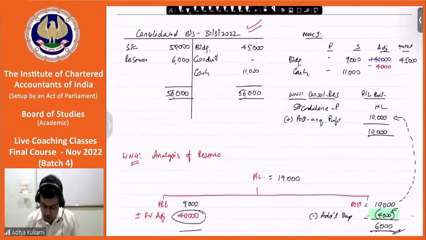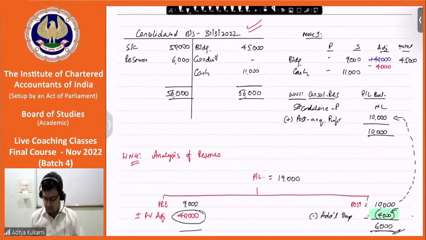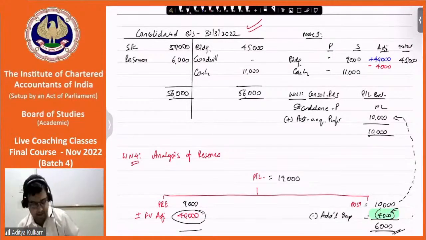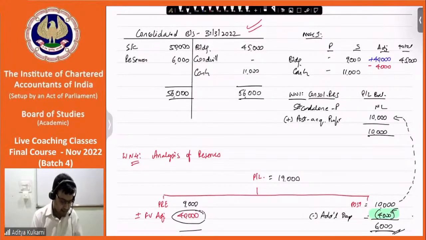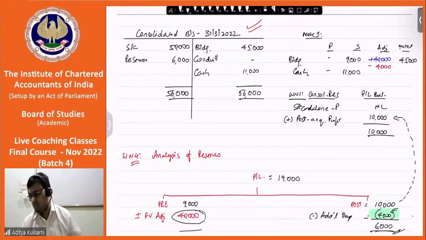Have we understood post acquisition adjustment relating to depreciable assets? Did we understand? Yes or no? Have we understood? Boys and girls, did we understand?